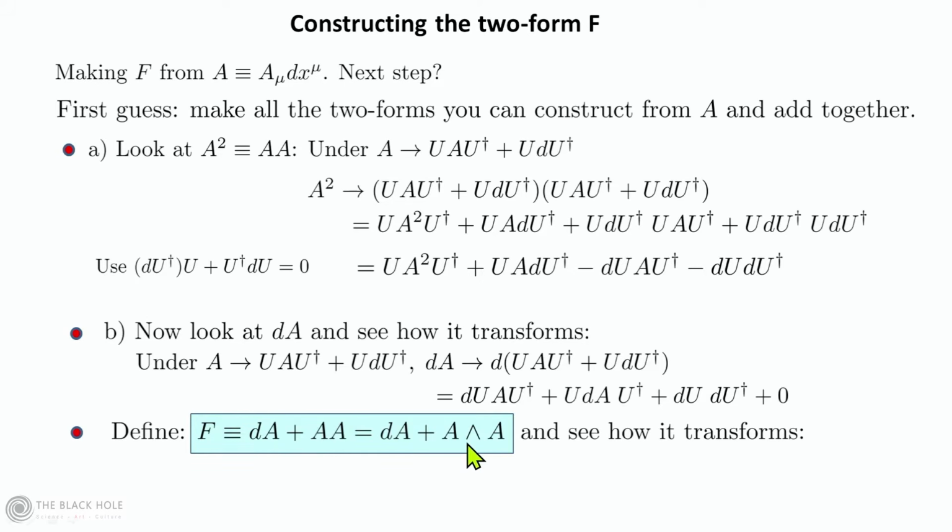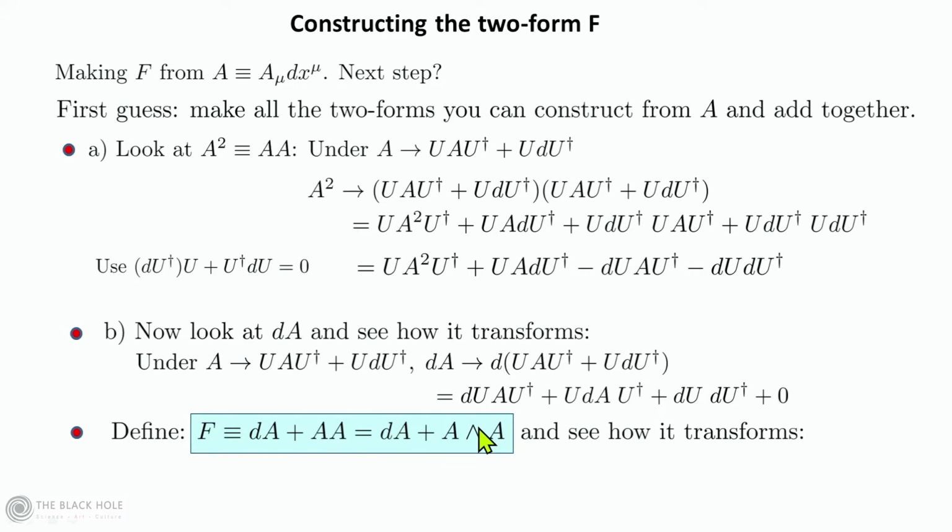I should have said this earlier, that for example, over here, this is A wedge A, but you get tired of writing it, so it's just nicer to write it AA. One just has to remember what is a one-form and what is a component.